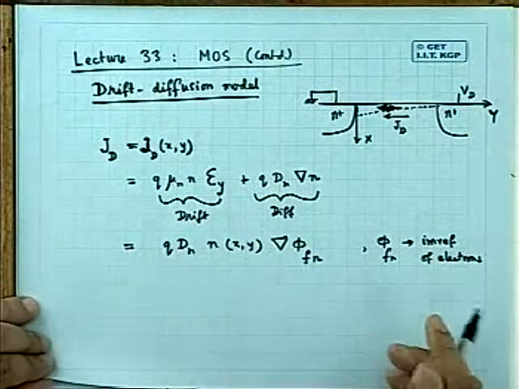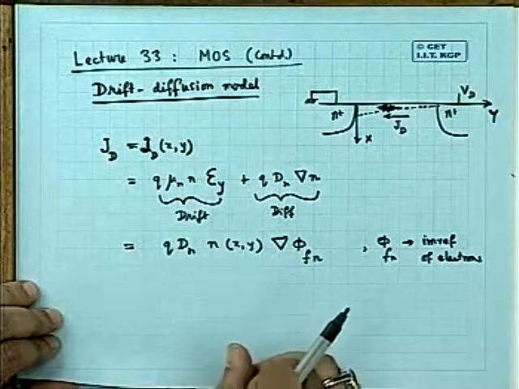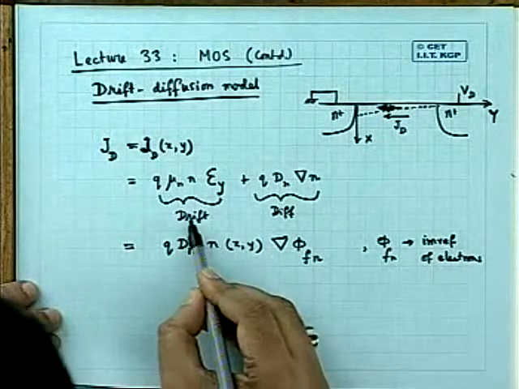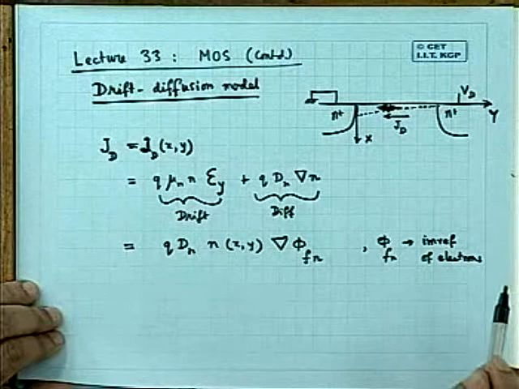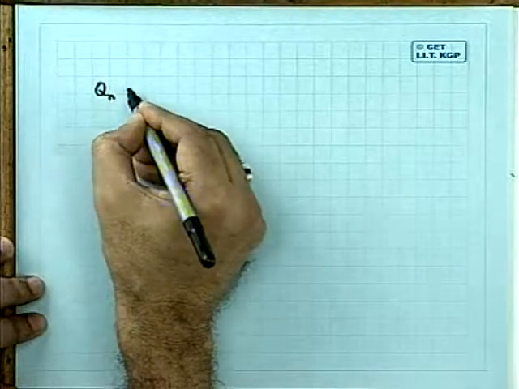So we are straightforwardly entering into a model which is a two-dimensional kind of model and which considers both drift and diffusion. Now QN, this is very interesting.